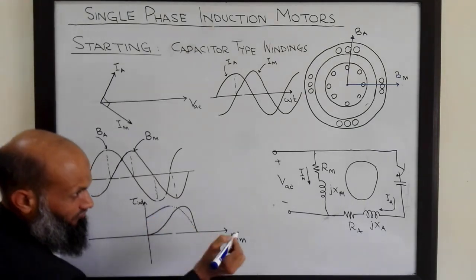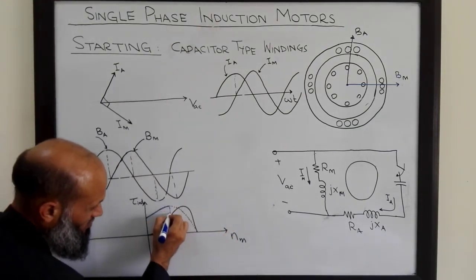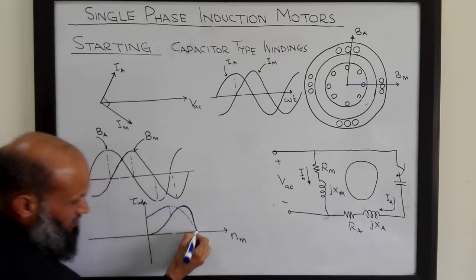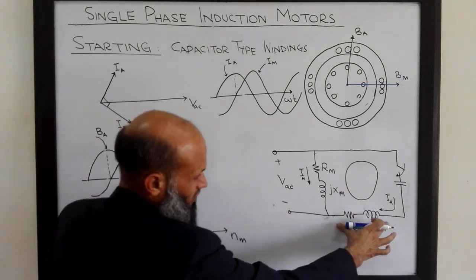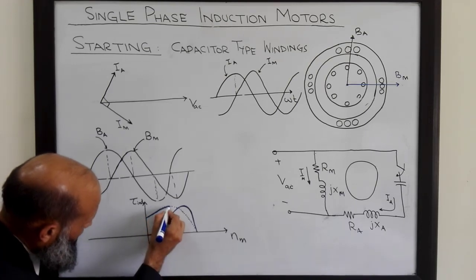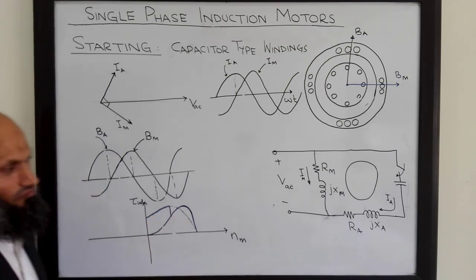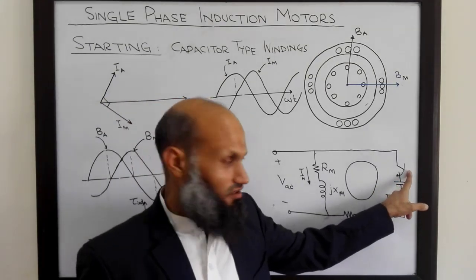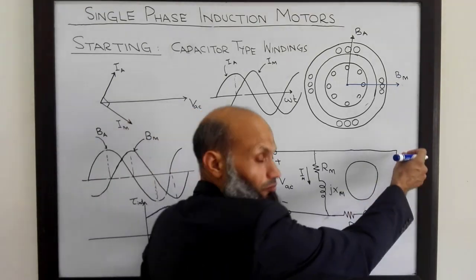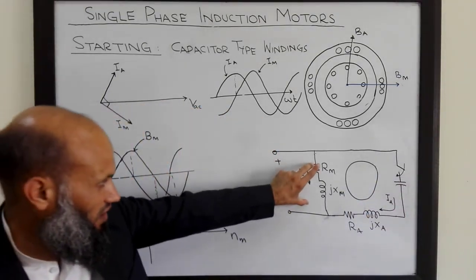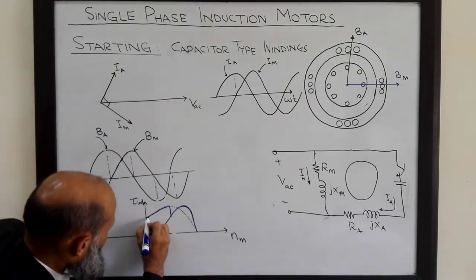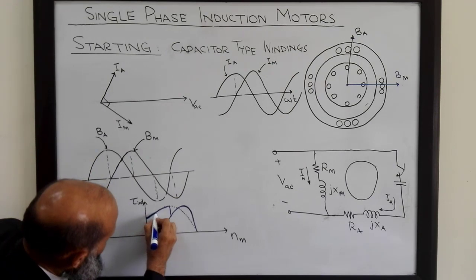For example, if we open the switch at this time instant, then the torque speed characteristics follow those of the single phase induction motor without auxiliary windings. So these are the torque speed characteristics of the single phase induction motor when we have the capacitor in the circuit up to this point, and then this switch is opened so that we only have the main windings in the circuit. This blue line, I draw it thicker so that it is visible.